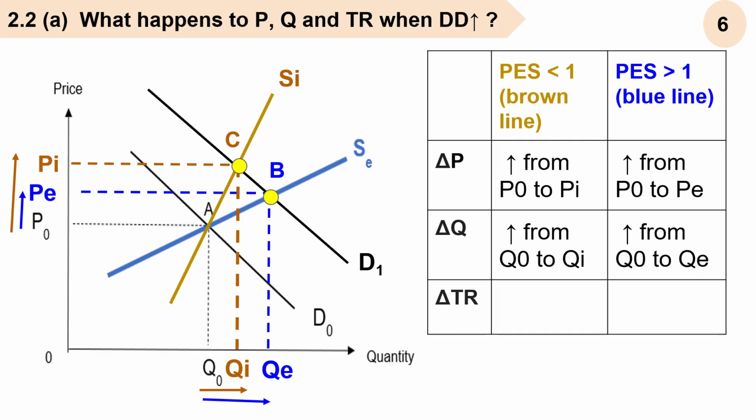Felix, what happens to total revenue for both cases?